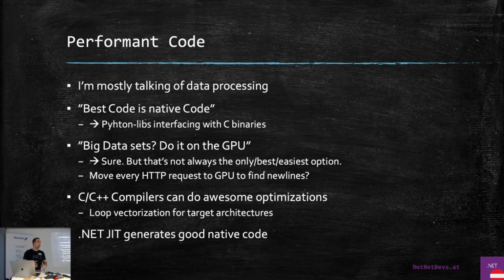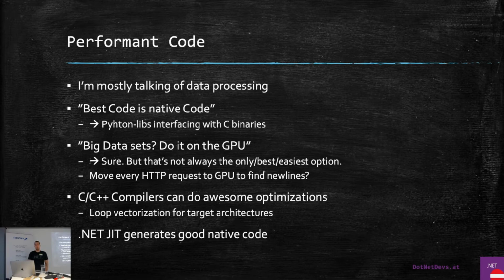So this is called loop vectorization, and it's a very interesting topic of research. Sadly, .NET cannot yet do that very well, but our JIT compiler that we have in .NET actually generates quite good native code. So if you are implementing simple functions, we should get about the same results as a classic C compiler without any loop vectorization.